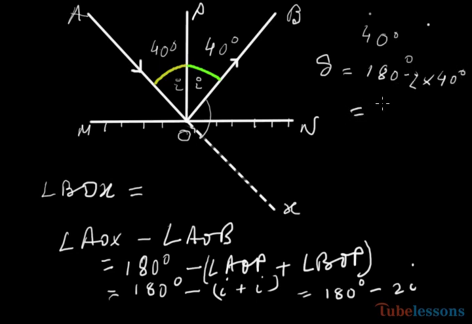That is equal to 180 degrees minus 80 degrees, that is 100 degrees. So following the formula 180 degrees minus 2I, we get the angle of deviation is 100 degrees after reflection of light when the angle of incidence is 40 degrees.